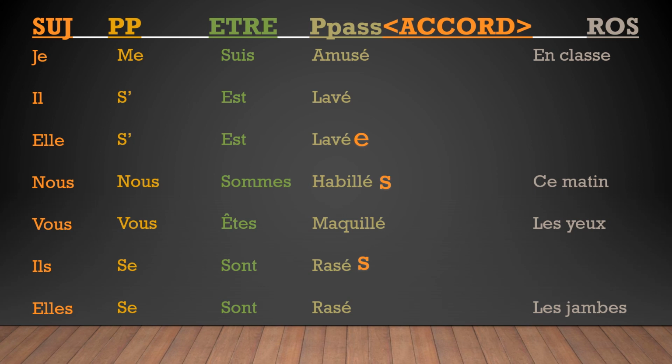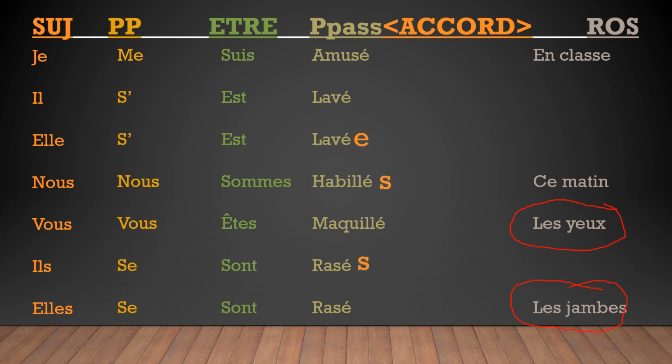Now, before we wrap up, just one little hint to help you recognize something. If you look at les yeux and les jambes, those are the two sentences we knew we didn't need to add agreement. Les yeux and les jambes are both what?